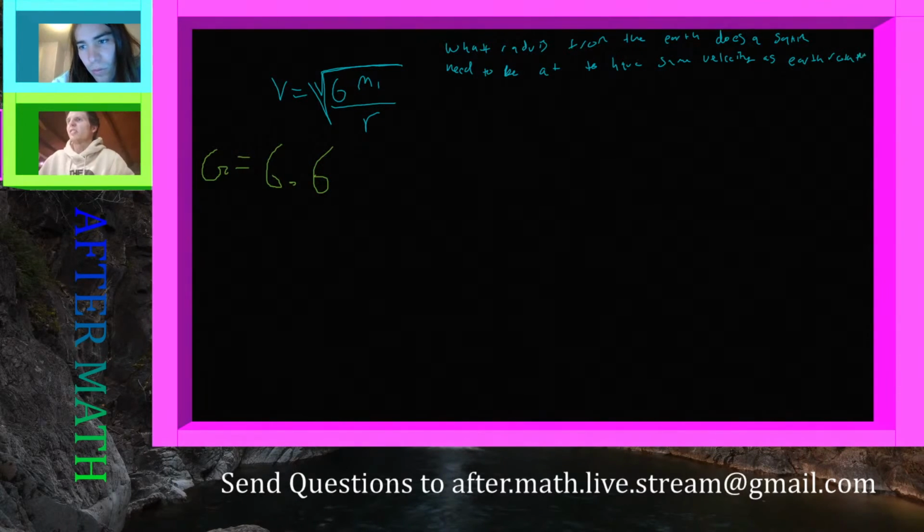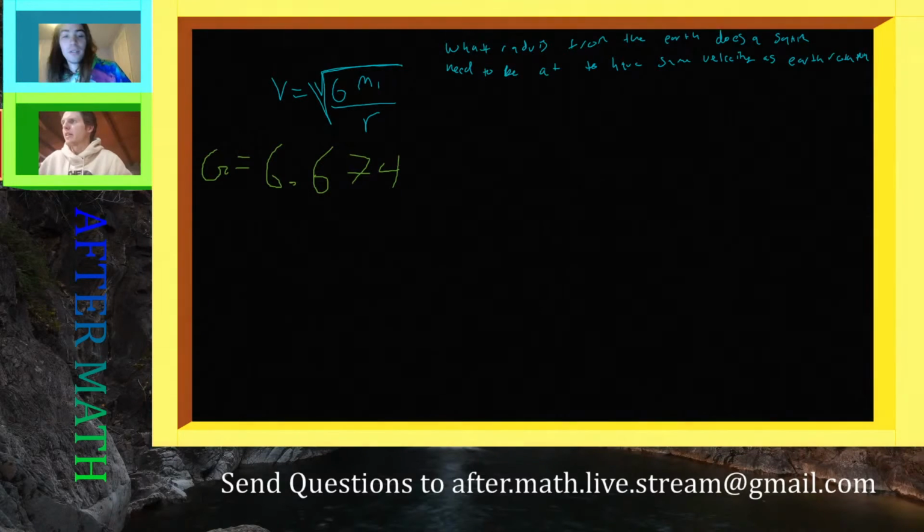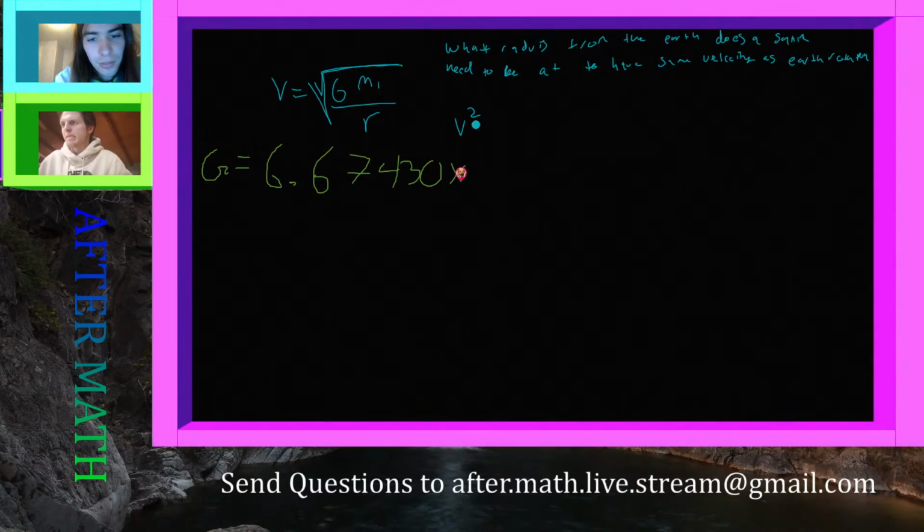6.674 times 10 to the negative 11. So we've got velocity. We're going to square both sides, so we get velocity squared is equal to G M1 over r.